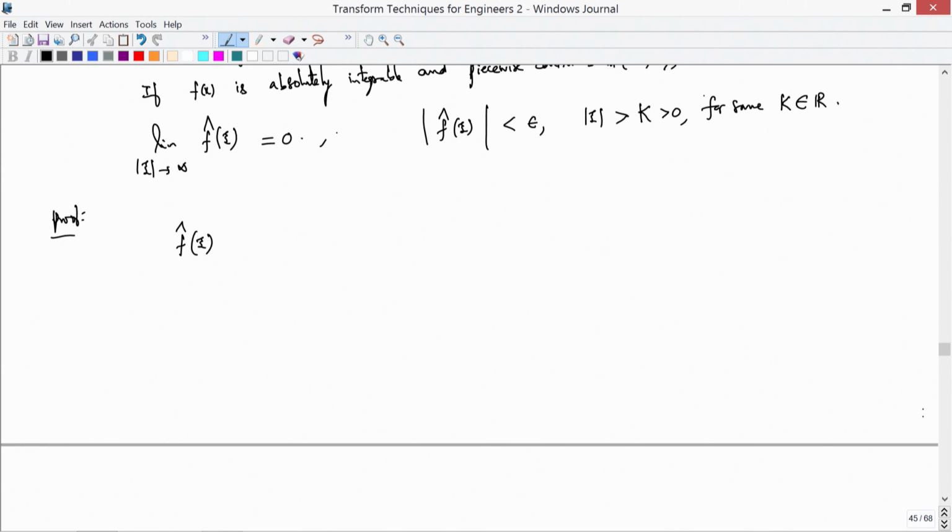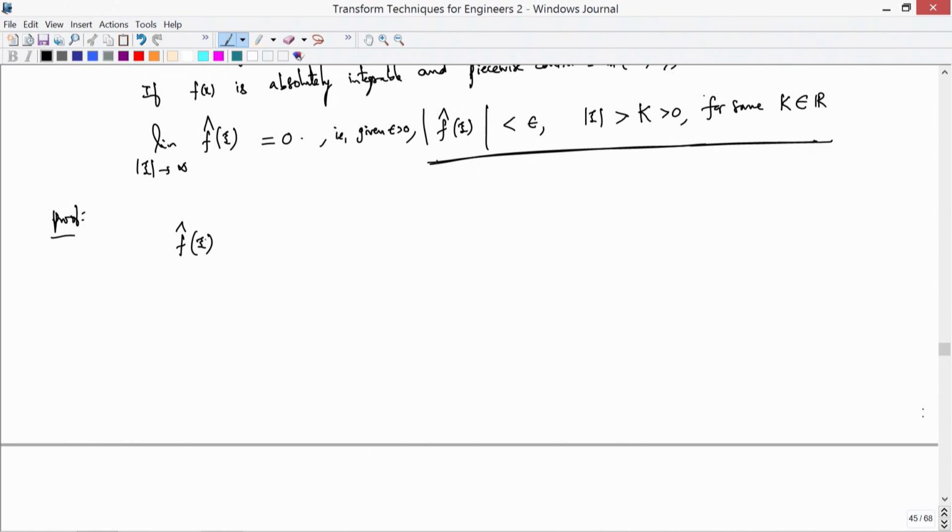If you have this for some k always, then you say that this limit is equal to 0. That is what we are going to show.